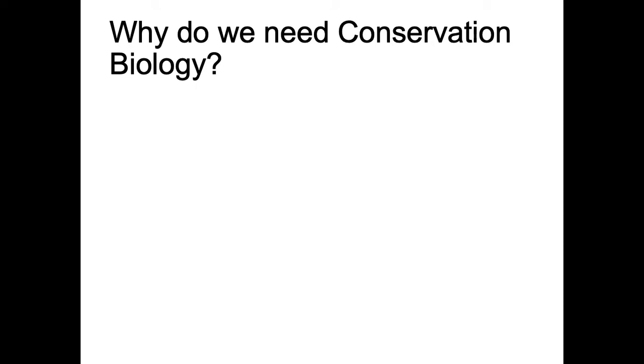So hopefully you came up with a few different reasons. A lot of times when I ask this to the class, I get things like logging or deforestation or overhunting, pollution, climate change. But those are all really important threats to species and ecosystems and genetic diversity. There are two things that underlie all of those problems, and they have to do with people.